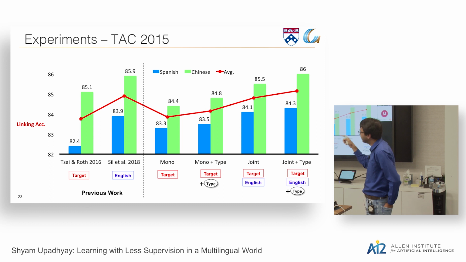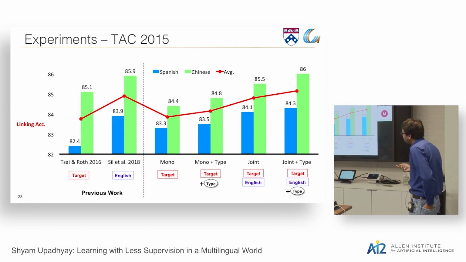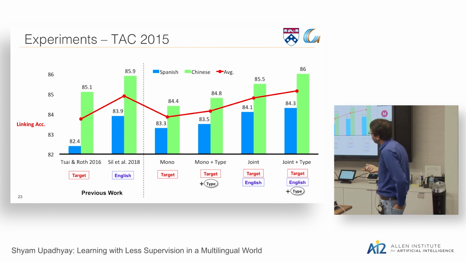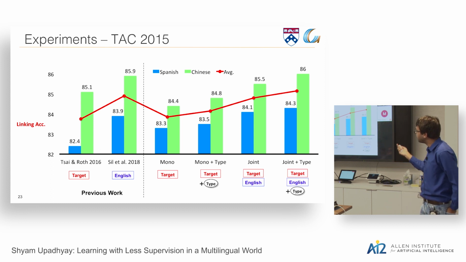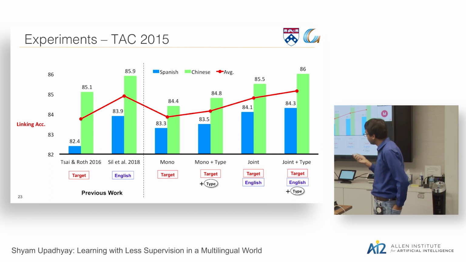In earlier slides, the performance was varying from 50 to 60, but here it's in the high 80s. The reason for this is because it has a mixture of both hard and easy mentions. So the easy mentions inflate the performance. But again, you can see that the same trend holds here. The joint model improves significantly on the monolingual one, and adding the type loss helps here as well.